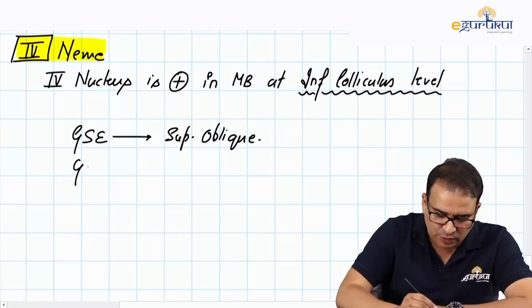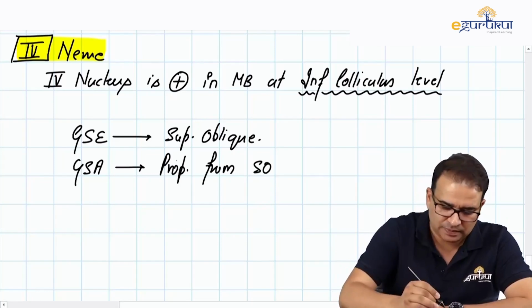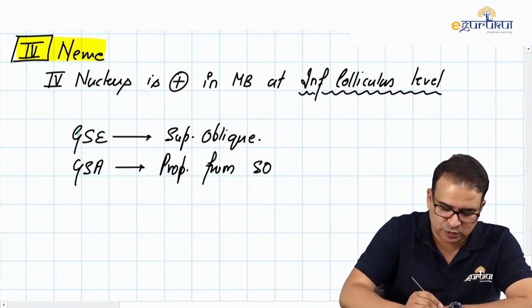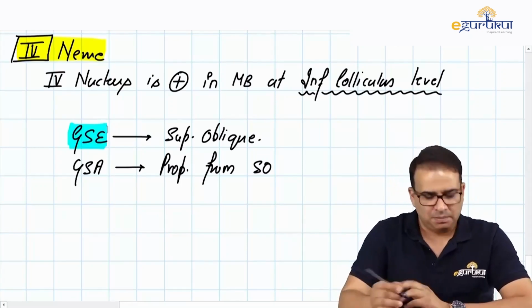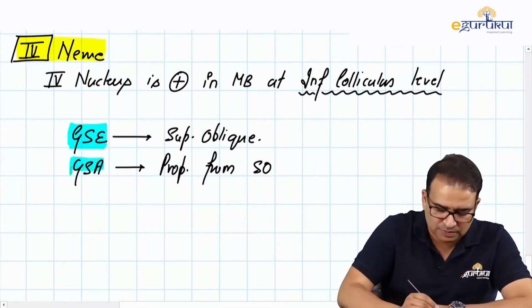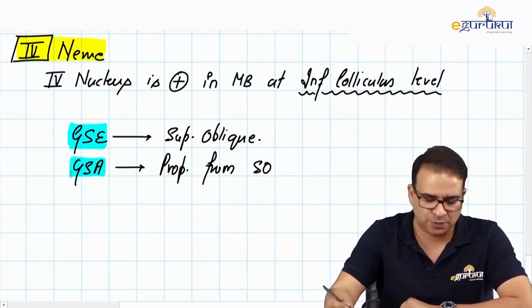And again, we have to add GSA here because the same fourth nerve is carrying proprioception from superior oblique. Majority of the books of new anatomy say one column only, that is GSE. But as I said, many neuro authors believe that the GSA column should also be counted because it is carrying the proprioception from superior oblique.